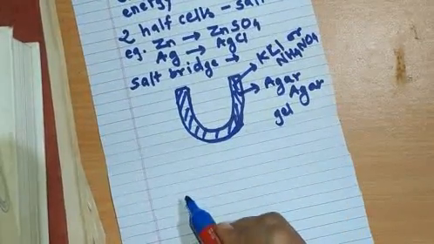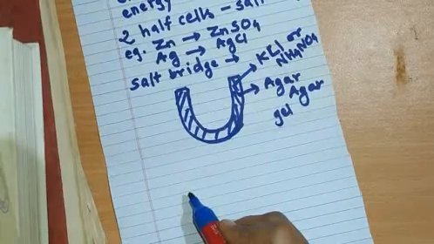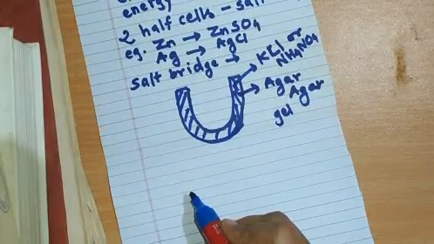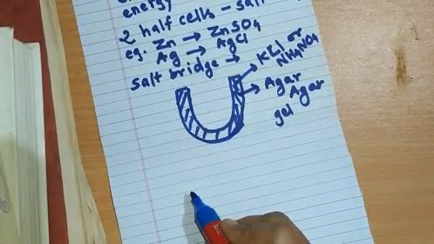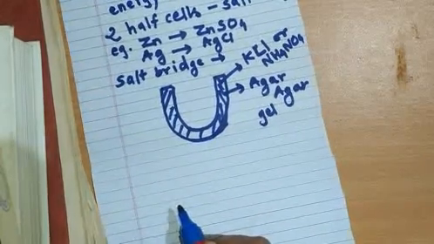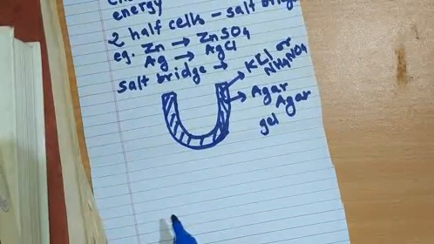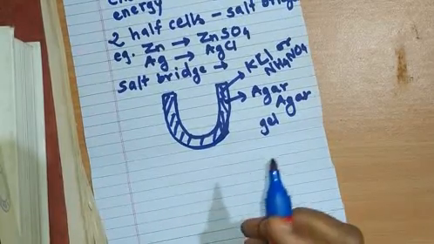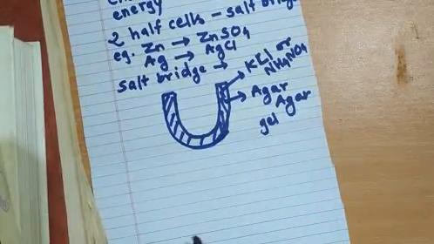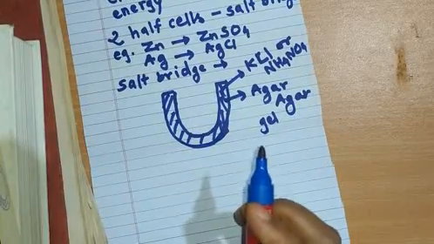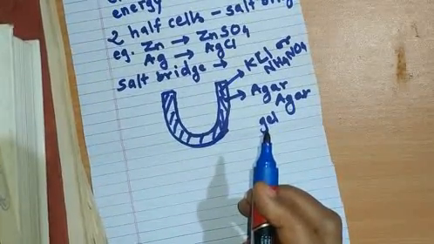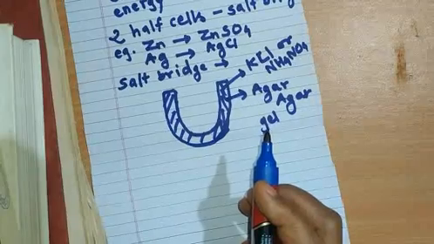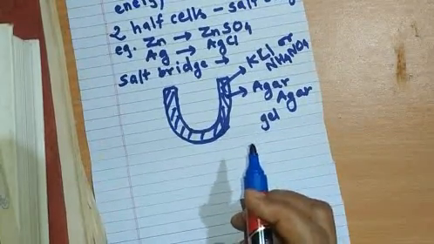When the salt bridge is not in use, it is always dipped in distilled water. Thus, we have studied that in a galvanic cell, chemical energy is converted into electrical energy. In a galvanic cell, two half cells are used in the construction, which are joined by a salt bridge.